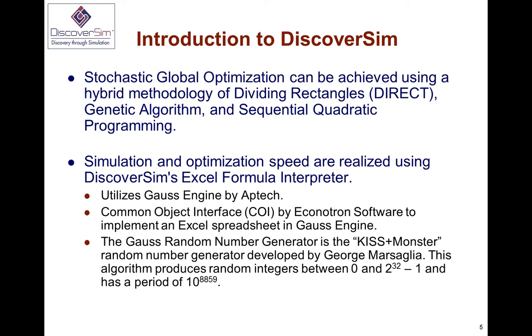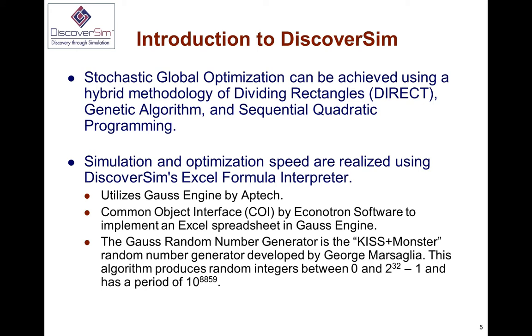I'm not going to get into the details of these, but essentially what you have are three very good optimization methods. The first one, direct, is very useful for covering a broad space. The genetic algorithm is the workhorse. It uses the evolutionary principles to solve difficult nonlinear problems.